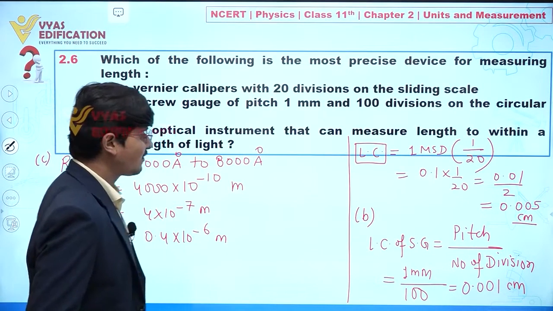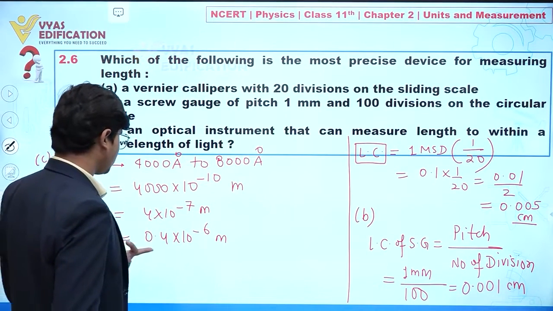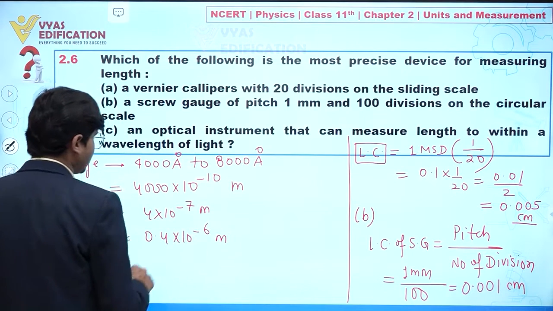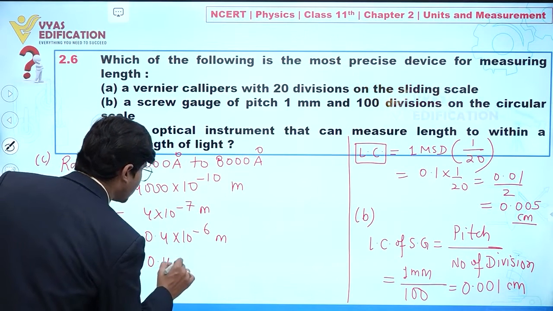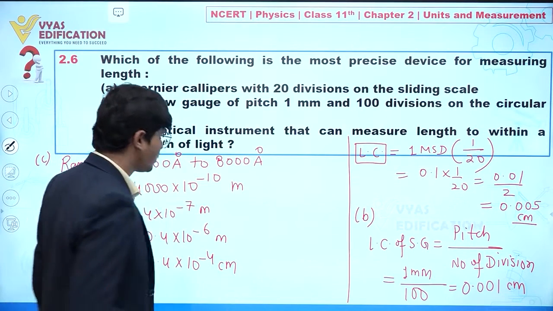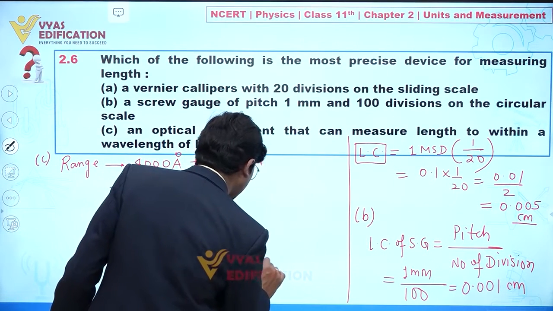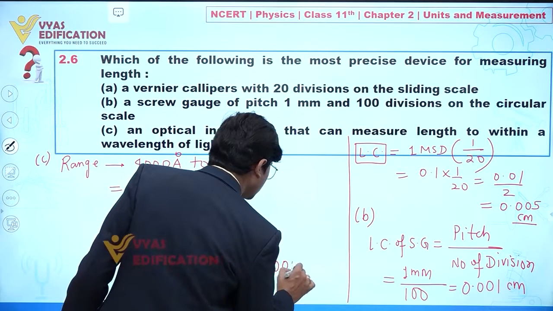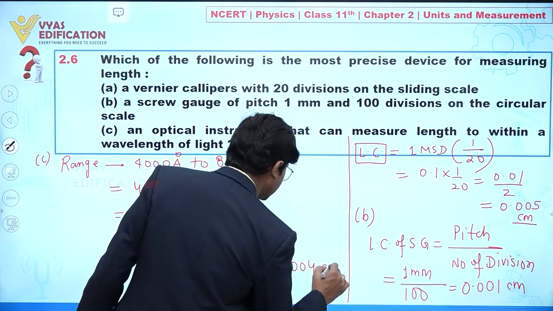Can we convert it into centimeter? Yes. Since 1 meter equals 100 centimeter, this is 0.4 into 10 to the power minus 4 centimeter, that is 0.00004 centimeter.